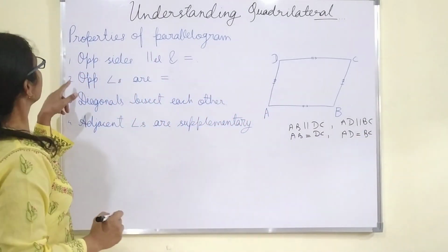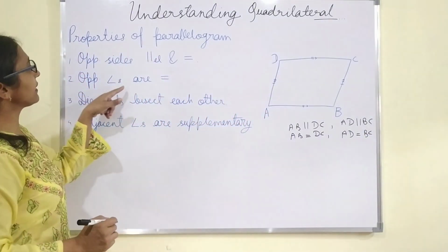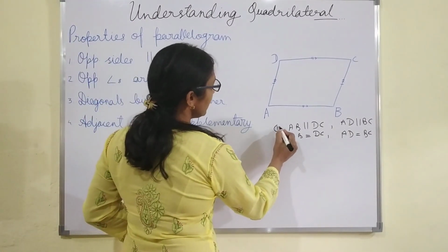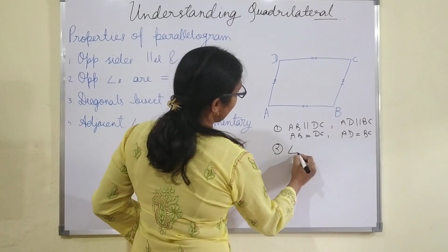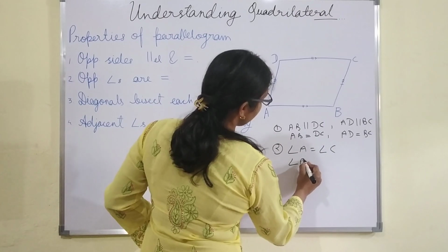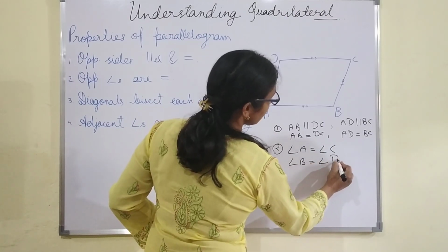Okay. Now next, opposite angles are equal. Opposite angles are equal means angle A equals angle C and angle B equals angle D.